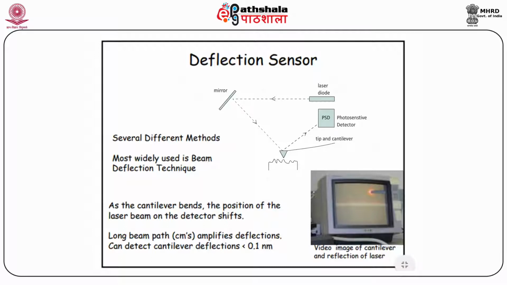As the cantilever bends, the position of the laser beam on the detector shifts. The long beam path amplifies deflection, and can detect cantilever deflections even less than 0.1 nanometers. Video imaging of these cantilever and tip reflections can be seen on a monitor screen.